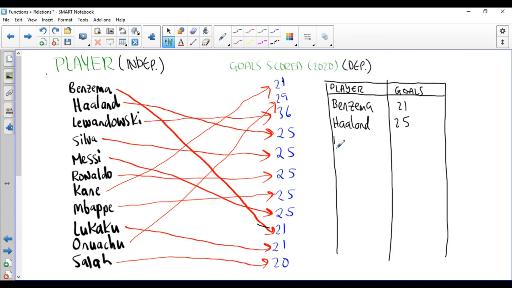We have Lewandowski. I'm just going to write Lewa because his name is long. He had 36 goals. Silva, 25. Messi, I think 25. Yeah, 25. Ronaldo, 25. Kane, 21.